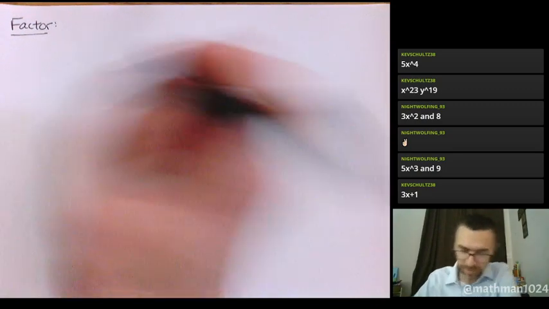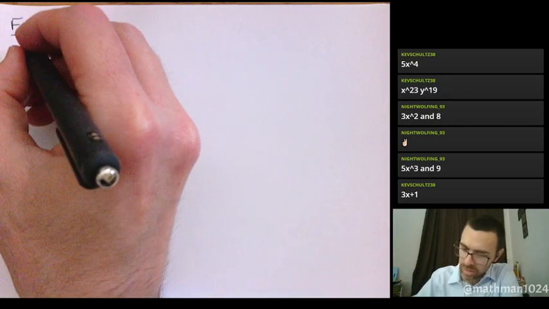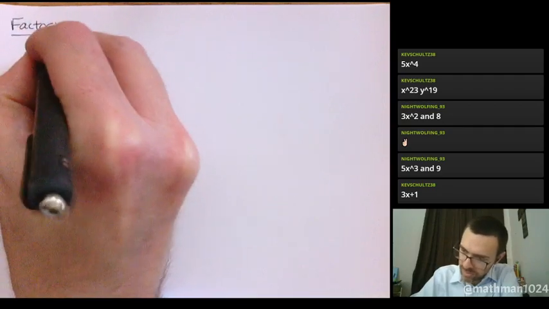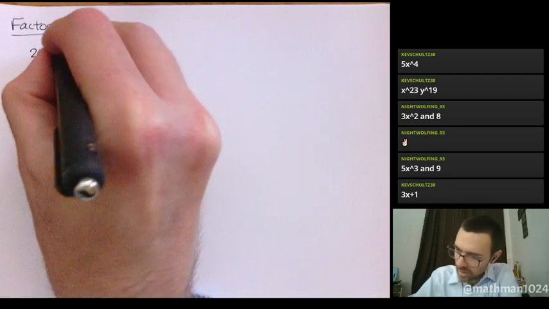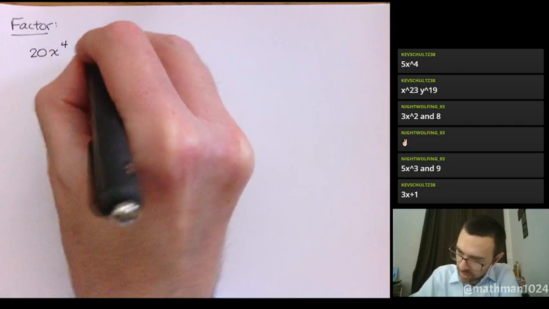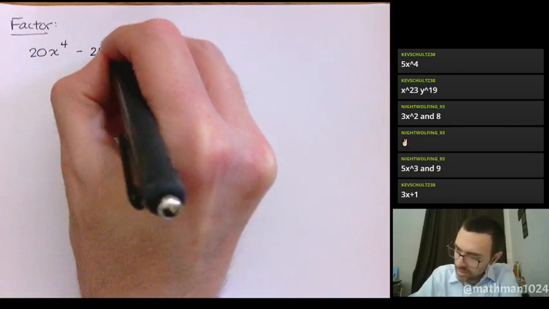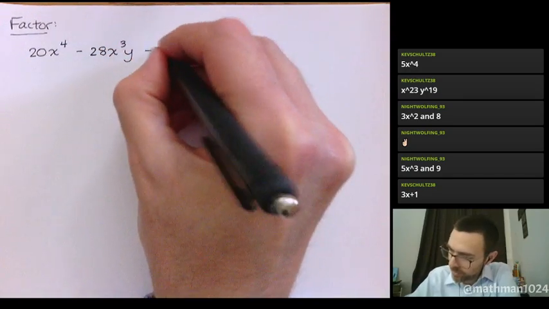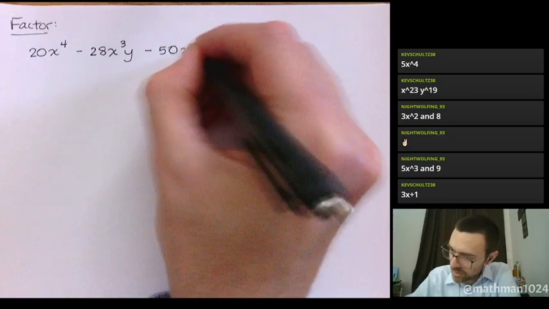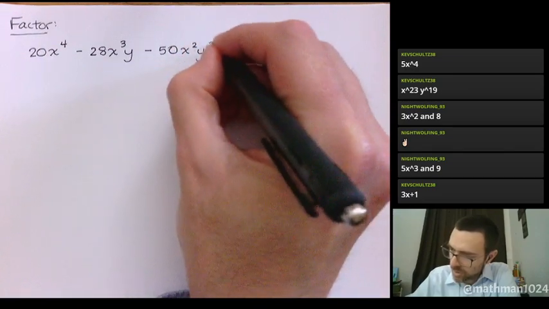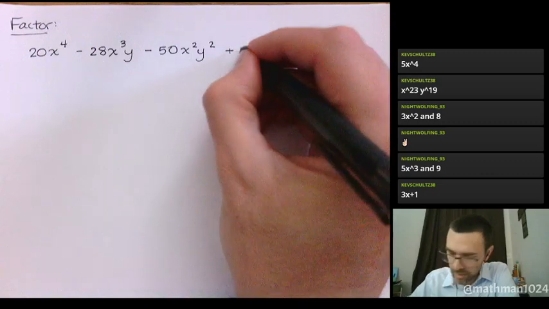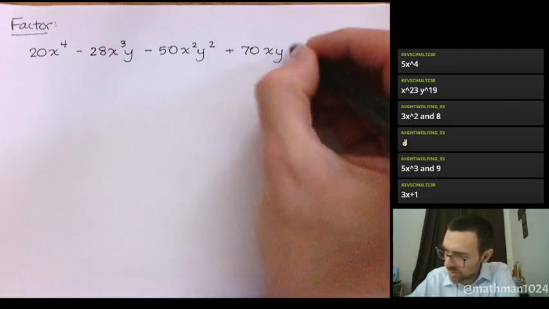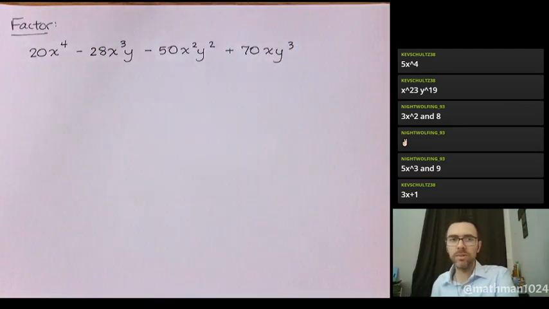You ready? Let's do 20x to the fourth minus 28x to the third y minus 50x squared y squared plus 70xy to the third.